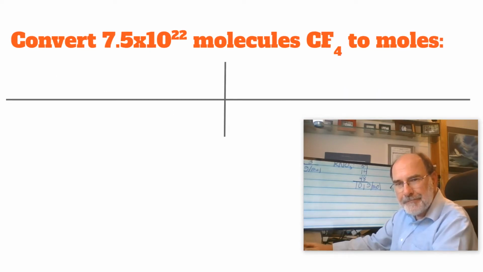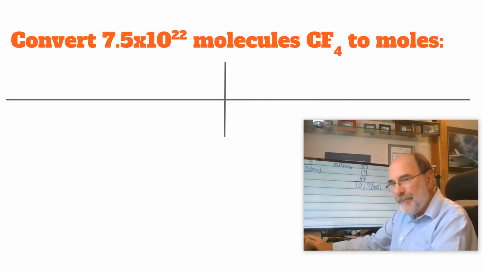Here's another one. Convert 7.5 times 10 to the 22nd power molecules of carbon tetrafluoride to moles. All right, so the first column will be what we start off with in the numerator, 7.5 times 10 to the 22nd power molecules. The second column will be the conversion between molecules and moles.